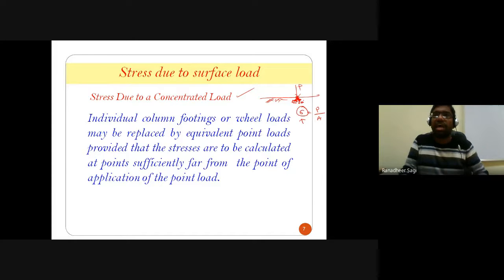In the process, as you move into deeper depths, you have more soil grains responsible for carrying that force P. So with more particles, the area over which the load is spread increases as you move deeper, and since stress is force by area, as the area increases, the stress developed in the soil at different depths continues to decrease as you move into deeper and deeper depths.